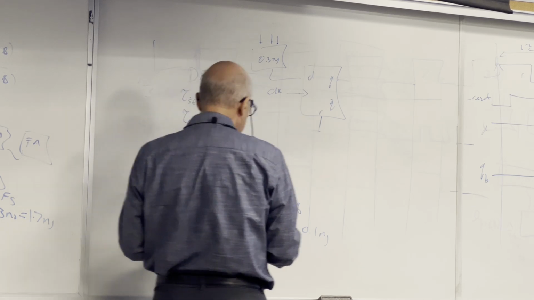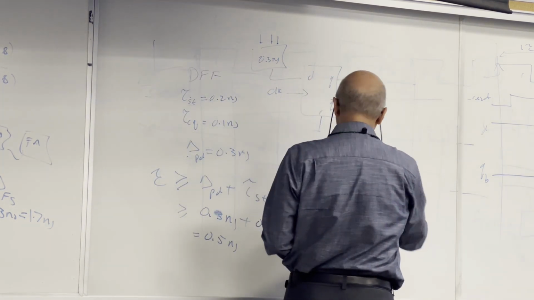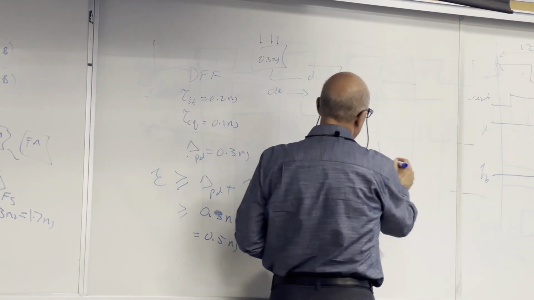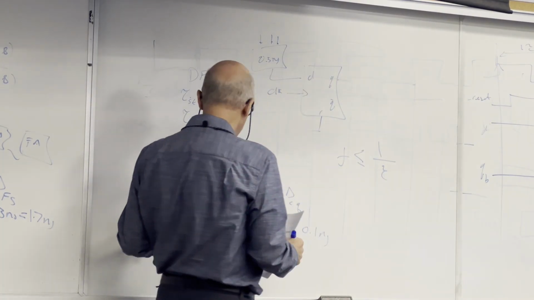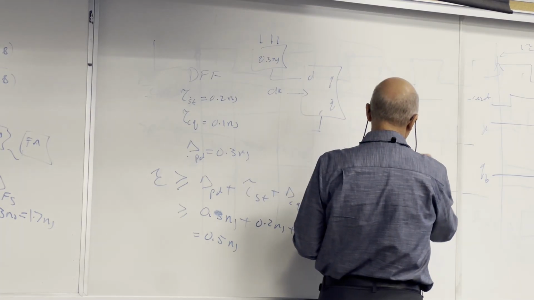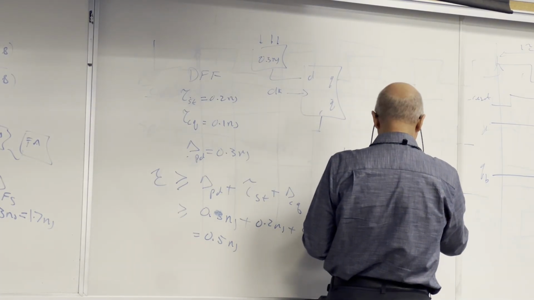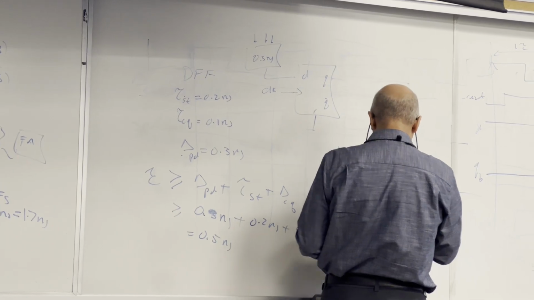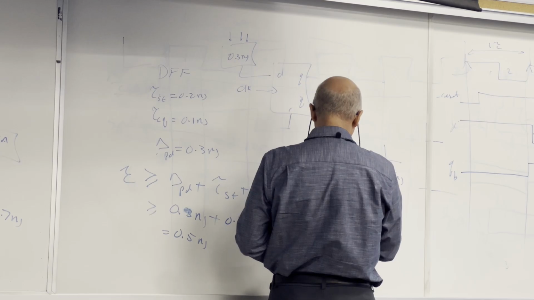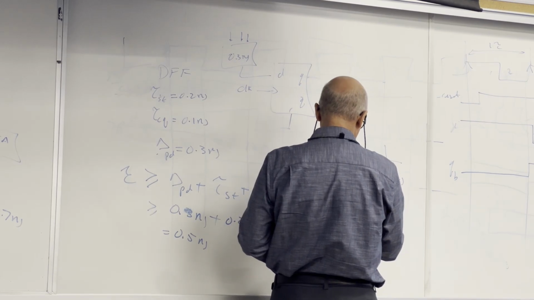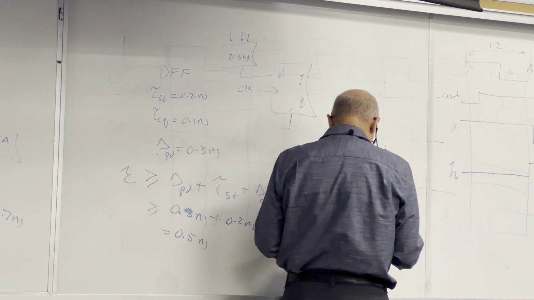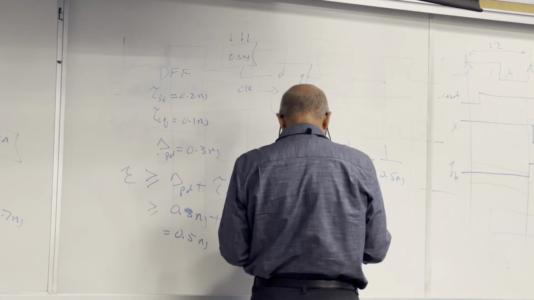0.5 nanoseconds. And for the frequency, when something is greater than and you invert it, it becomes less than. Okay, just remember that. So 0.5 nanoseconds means 0.5 times 10 to the minus 9 seconds.